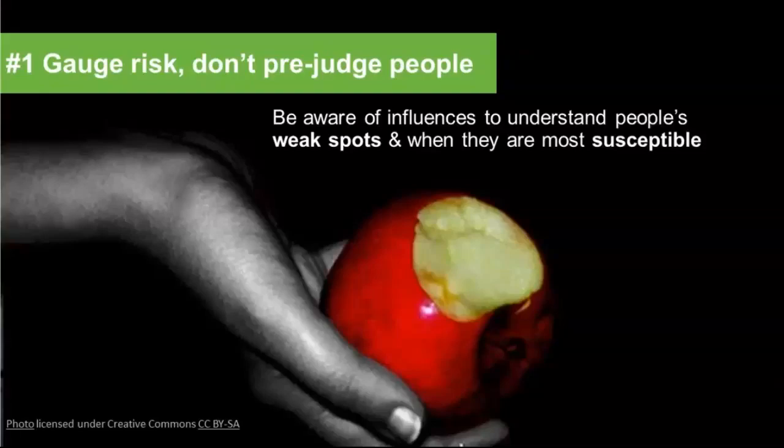Where we ended up on this is that the primary thing to do with these understandings of both mood and personality is to gauge the risk. Certainly don't prejudge people, but we want to be aware of these influences so that we can be aware of people's weak spots, the situations in which they'll be most susceptible to unethical behaviour. We need to understand the jobs that they're doing.